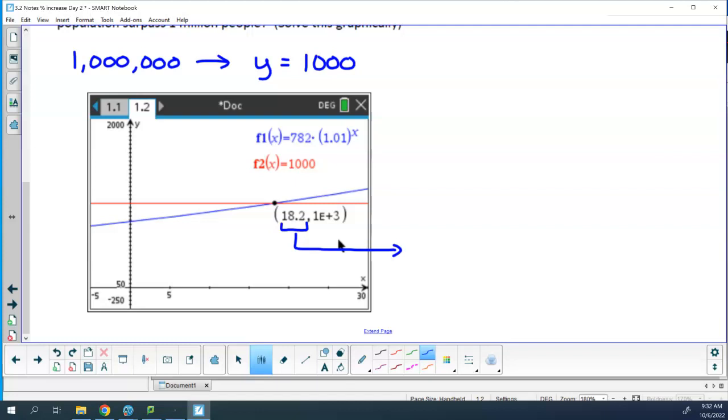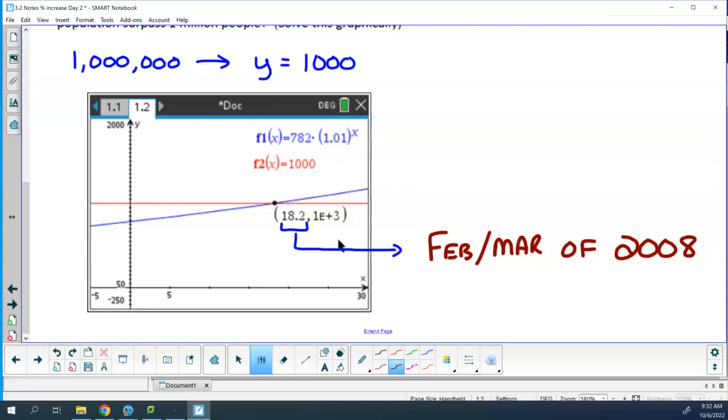In 18 years, it's going to be 1 million people in San Jose, right? So 2008, okay? 2008, roughly February, March-ish of 2008. Yeah?